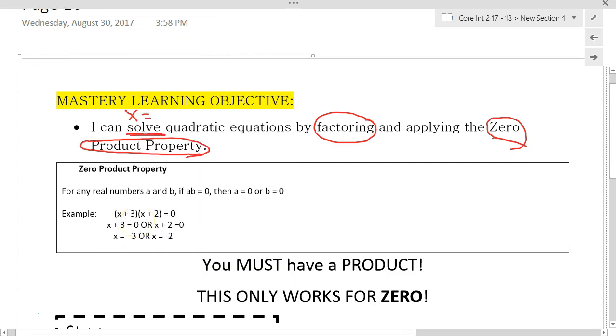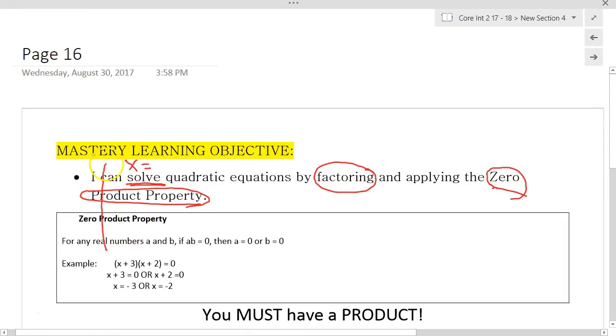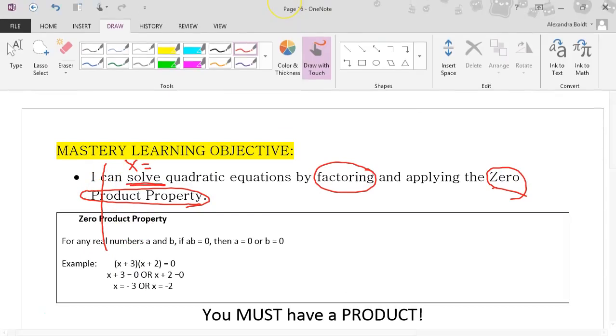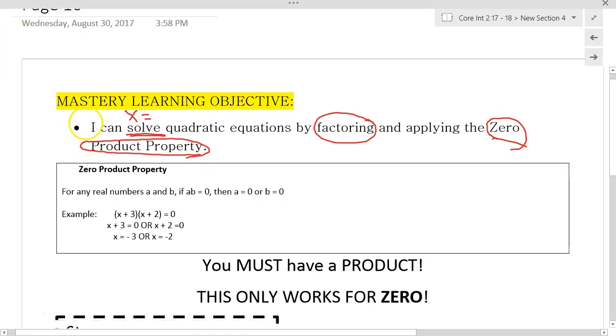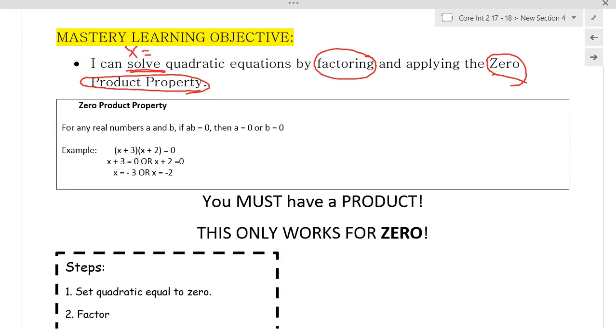I can split it up: x plus 3 equals 0, or x plus 2 equals 0. And then I just solve each of those equations. So when we have the zero product property, we just split it into 2 equations. Again, you must have a product, so multiplication, and it only works if it's equal to 0.